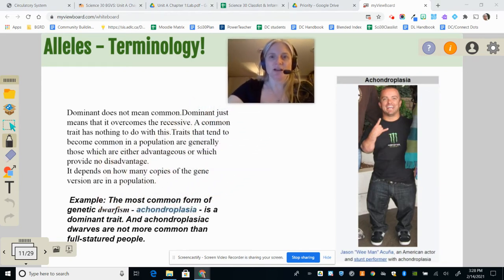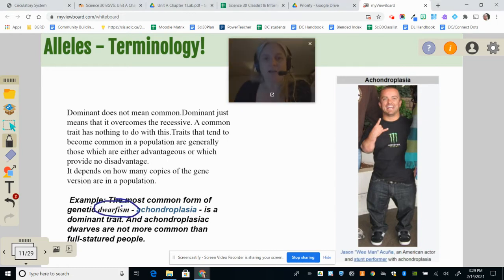So it's also good to note that just because something says dominant doesn't mean that allele is very common in the population. Okay, you could have the majority of the people just having recessive alleles, and then every once in a while that dominant allele comes out. Okay, and this is an example here. The most common form of dwarfism, achondroplasia, is actually a dominant trait.